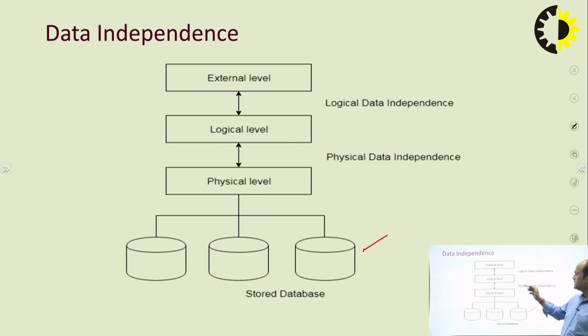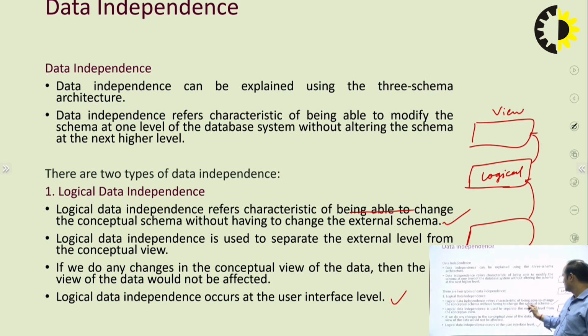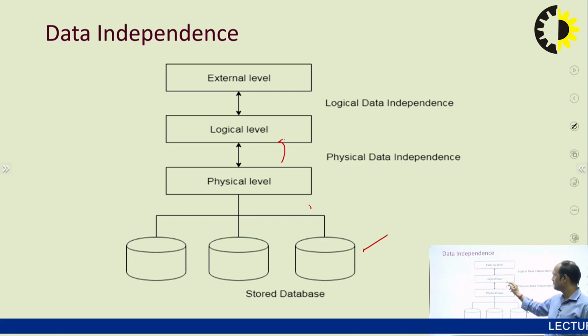If we change the logical level, we can do so without changing the external schema, so it does not affect the external level. If we change the physical level, it does not affect the logical level. This is the data independence concept.